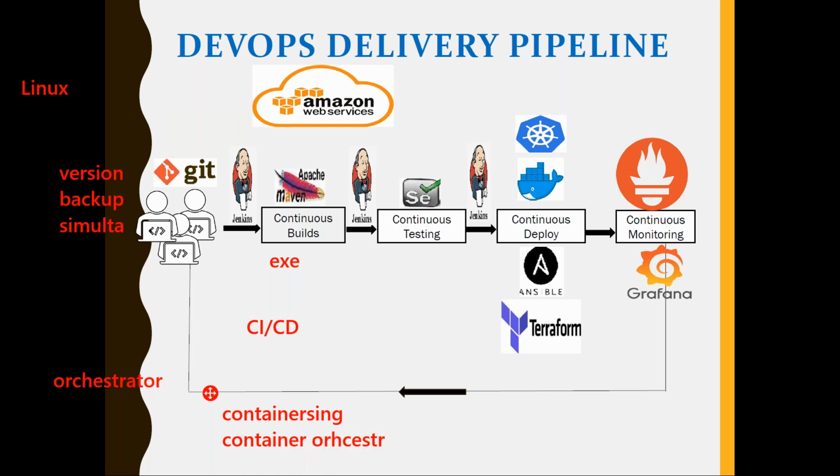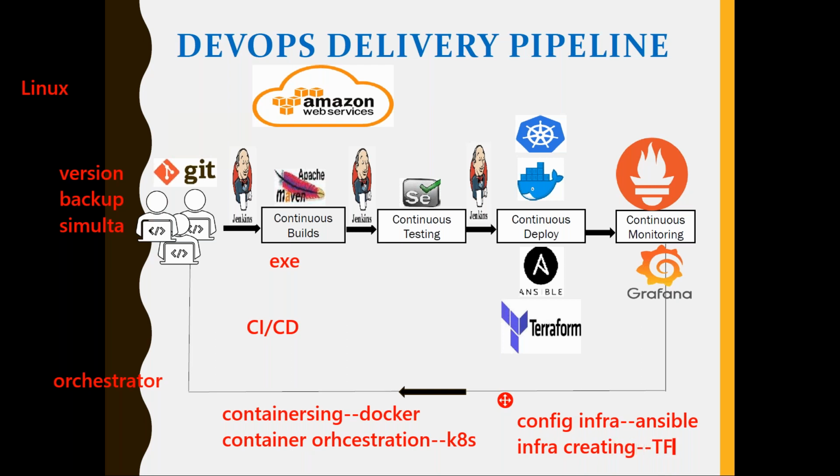Container orchestration means high availability of the application, load balancing the application, auto scaling the application. All of them will be done by Kubernetes. How do you do that? We will learn everything. So containerize with Docker, then orchestrate those containers with Kubernetes. Configuring the servers and infrastructure management will be done by Ansible. Infrastructure creation and provisioning will be done by Terraform.